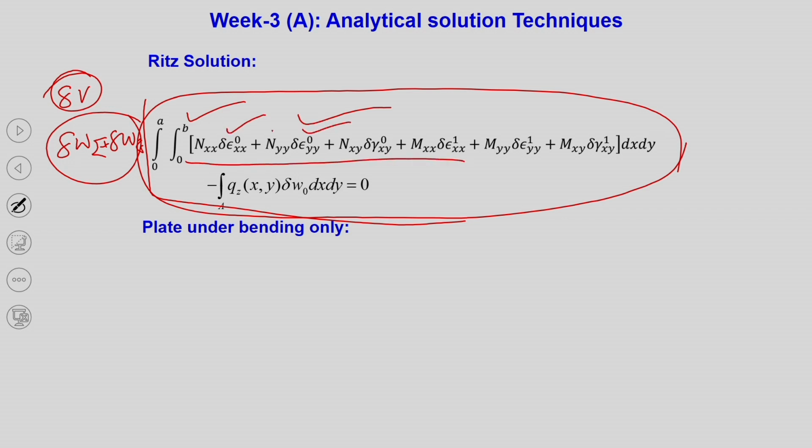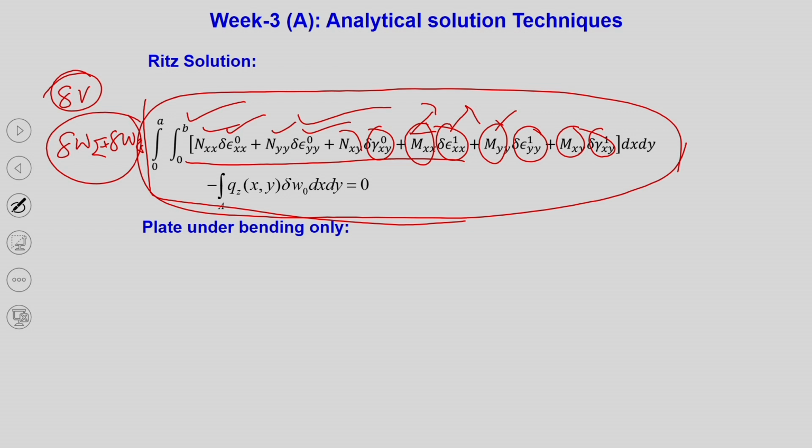Know the strains, these things. And then in the next step, instead of developing a governing equation in partial differential form, we are going to use this and, using the plate constitutive relations and displacement forms, directly substitute those things.